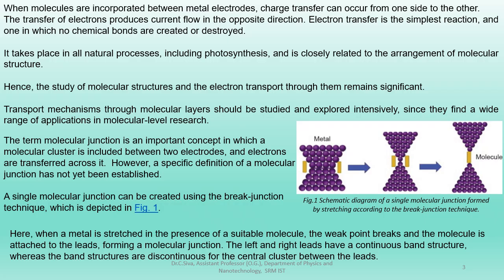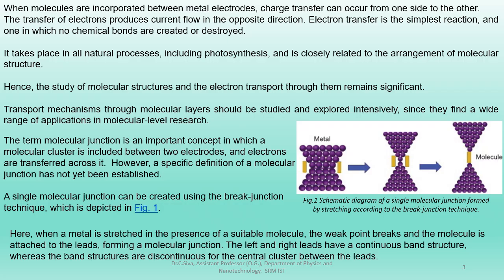Electron transfer occurs in natural systems such as photosynthesis. So, understanding molecular structure helps us understand how electrons move. Studying how electrons travel through molecular layers is important because these mechanisms can be used in nanoscale devices and research tools.